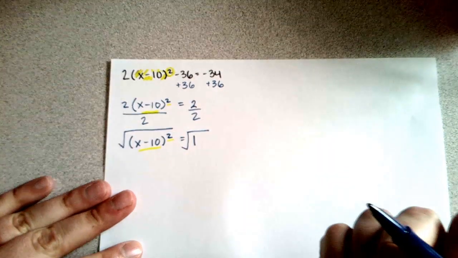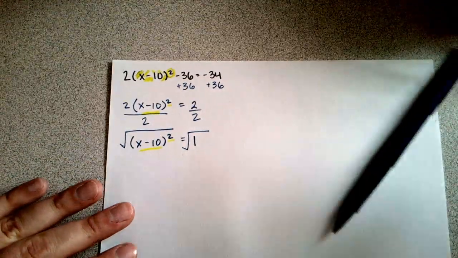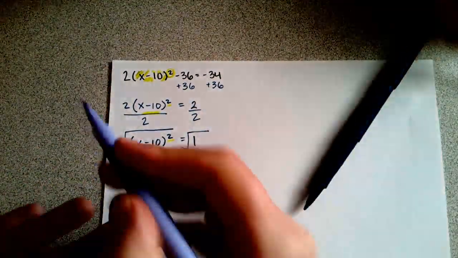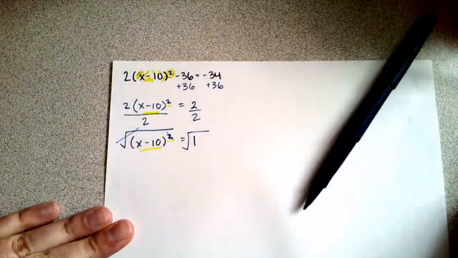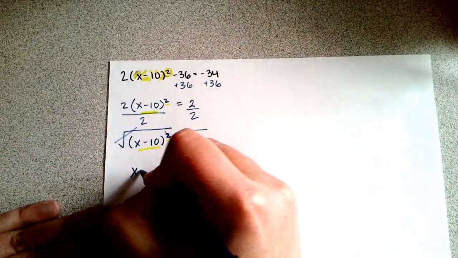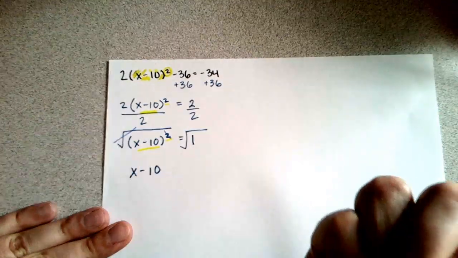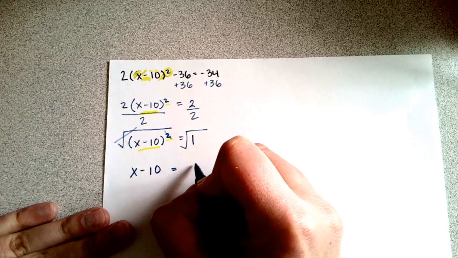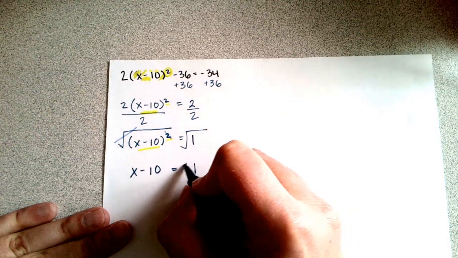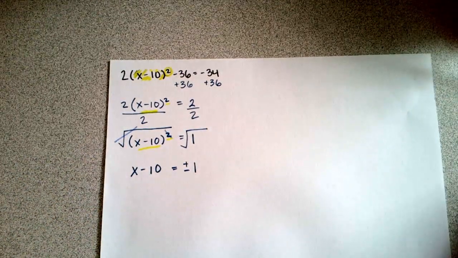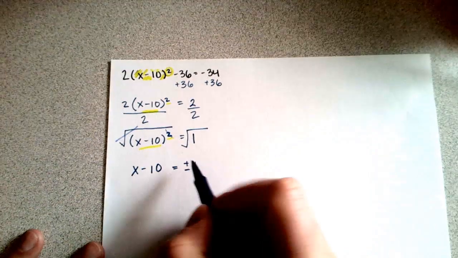If we take the square root of both sides, the square root and the squared cancel, and all we're left with is x minus 10. And the square root of 1 is 1, but we still need the positive or negative version of that. From here, it's easiest if you rewrite this as two equations, because this really is two numbers.